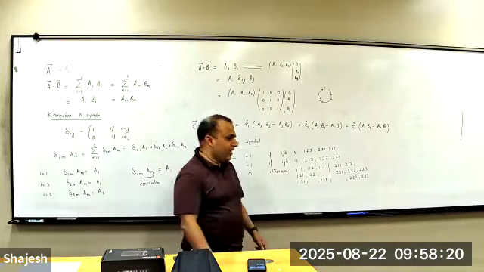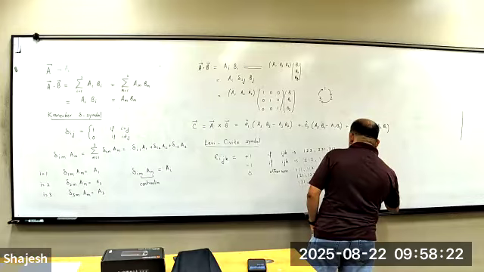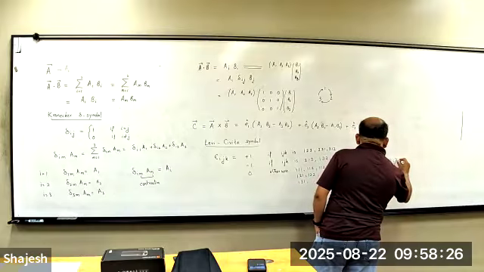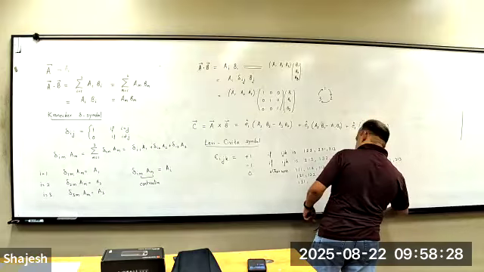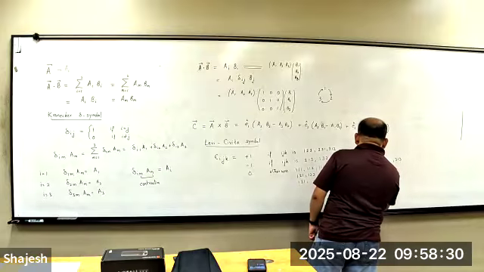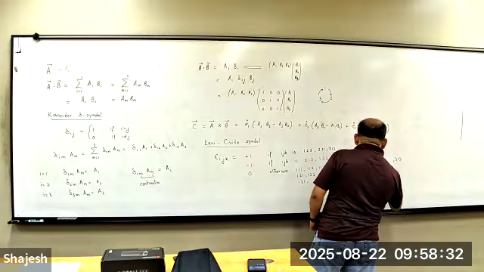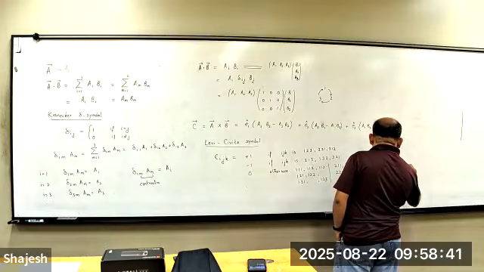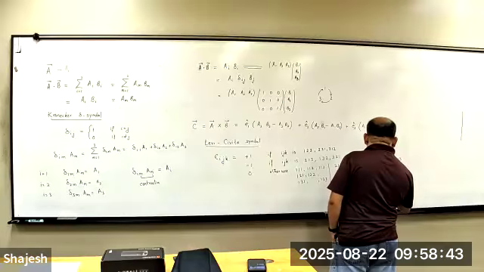So 7 here, 7 there, and 7 more. This is for 3, 1, 1, 3, 1, 2, 3, 1, 3, and this has to be removed, and 3, 3, 1.